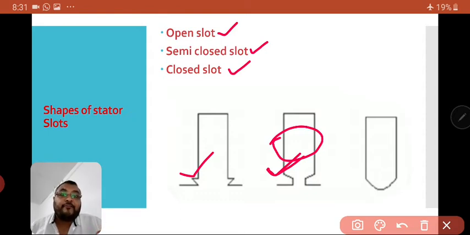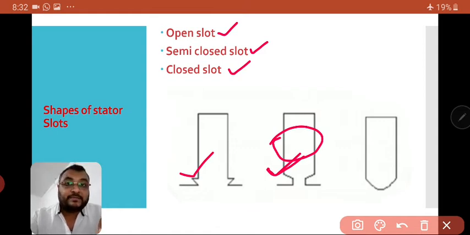Therefore, open slots, where the slot opening is equal to the width of the slot, are used where it is desired to complete the coils outside the armature and drop them into the slots.